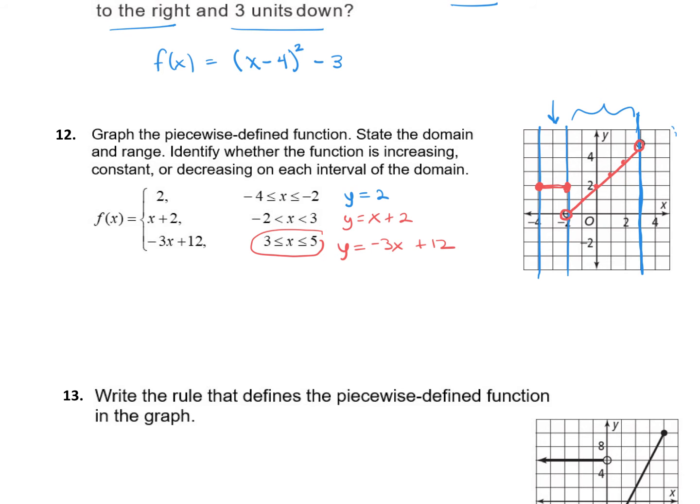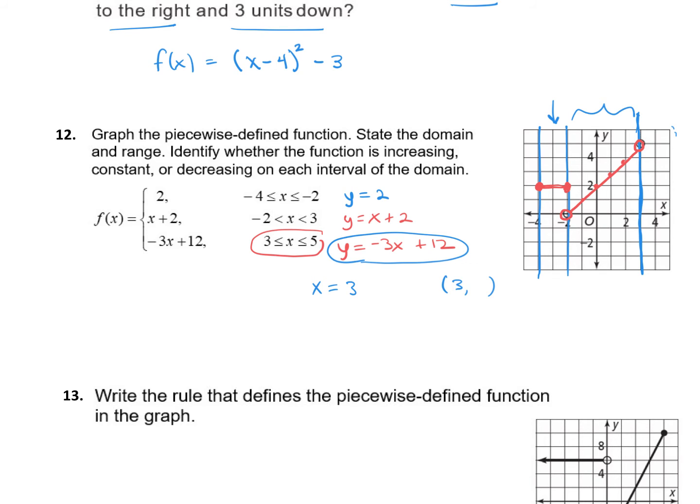If I can figure out where to start my line, so where x is 3 is this vertical line right here. If I can find the y value that goes with that 3 from this line, then I've got a starting point, and because we know the slope is negative 3, we can get the rest of the line from that.